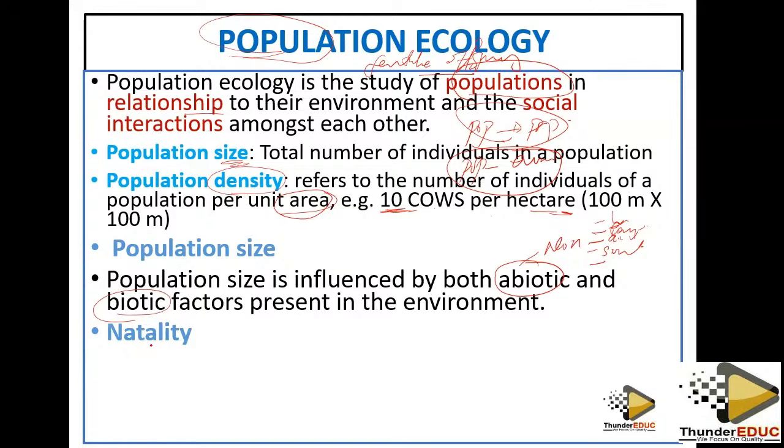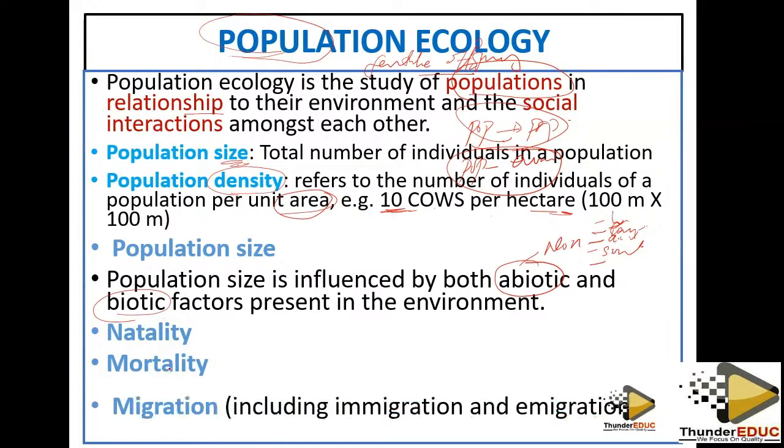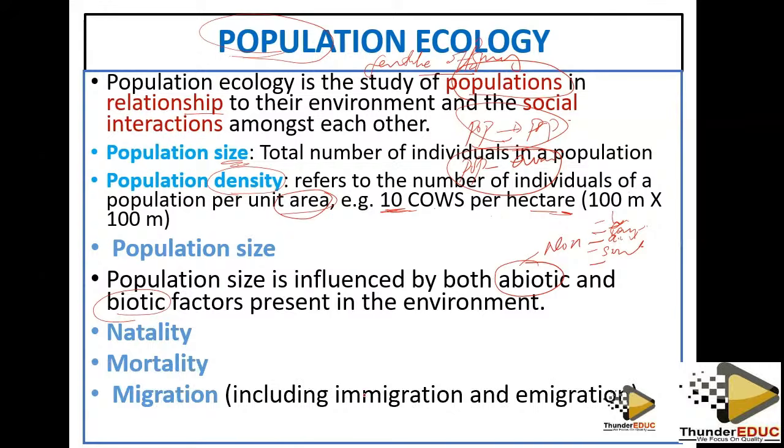Then when you talk about natality, you are talking about the number of individuals which are given birth to, and then mortality, the number of individuals which are dying. These are some of the factors. Migration includes immigration and emigration.